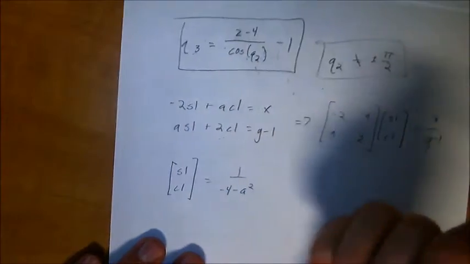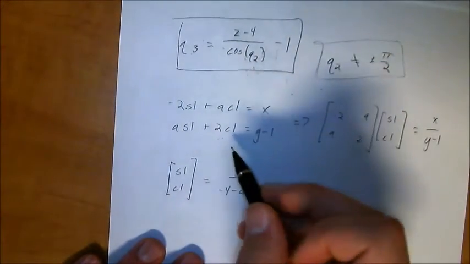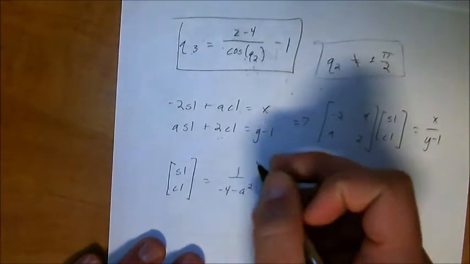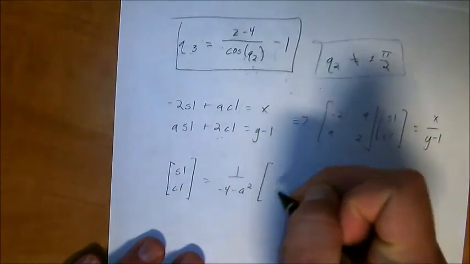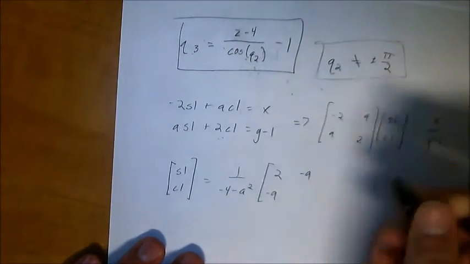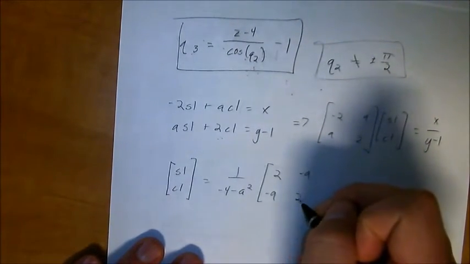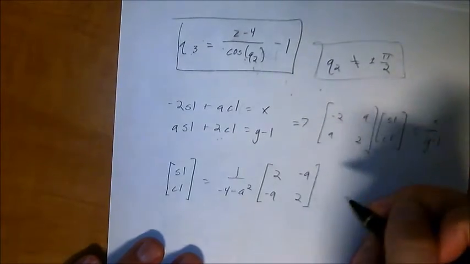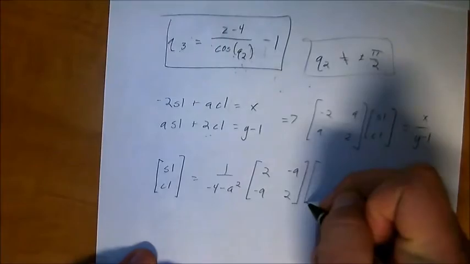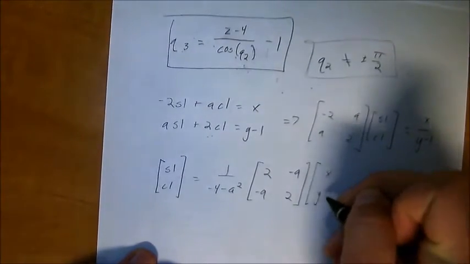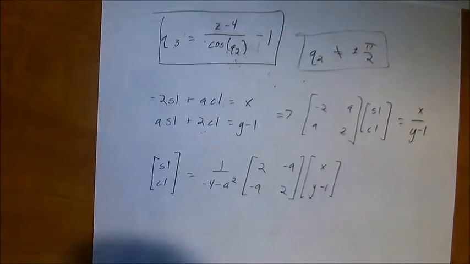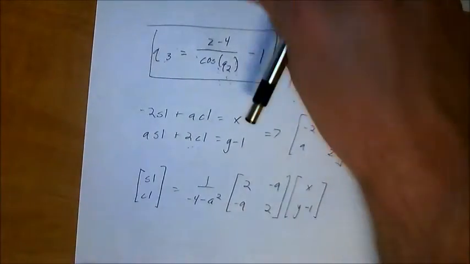In order to get those, you take the determinant, 4 minus a squared, which is 2 times 2 minus negative a times negative a, times the inverse matrix, 2, a, negative a, 2, times x over y minus 1.